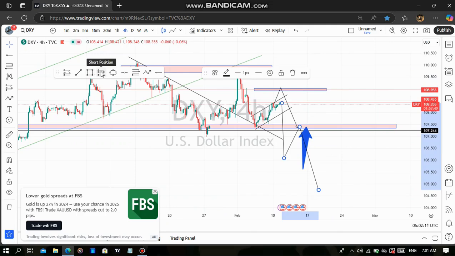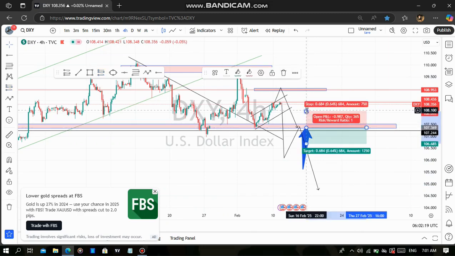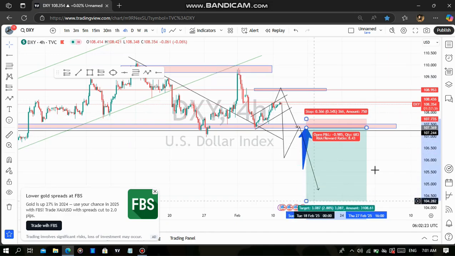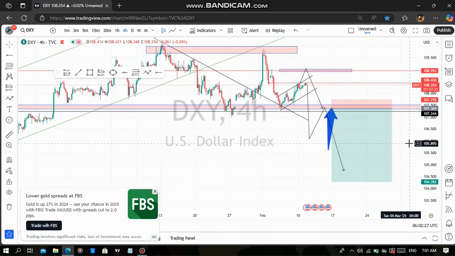So that is our first, or let me say the possible, interest for selling. So we can have something like this. This is not, let me say, the most accurate, but this will give us a strong confirmation that truly DXY wants to sell.